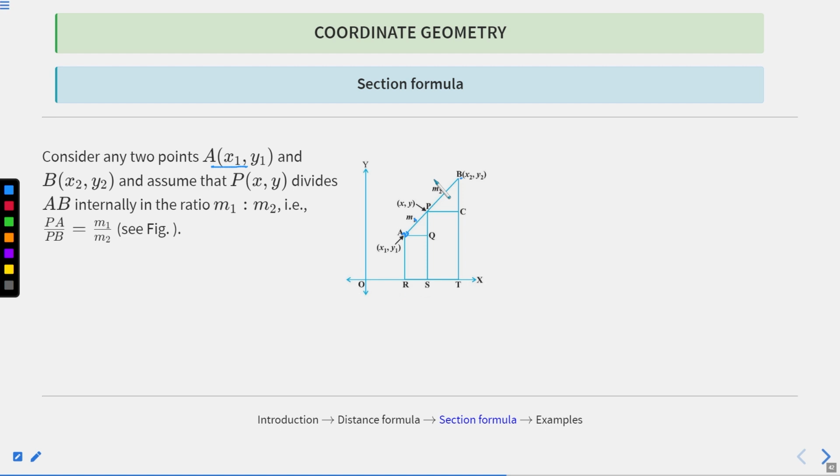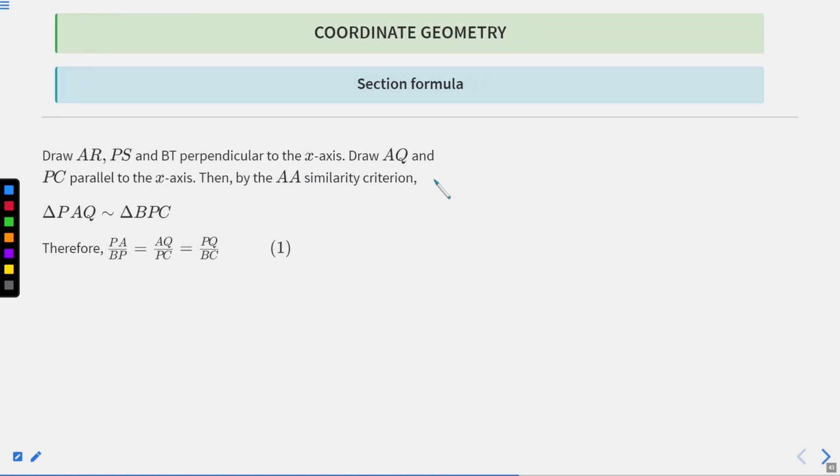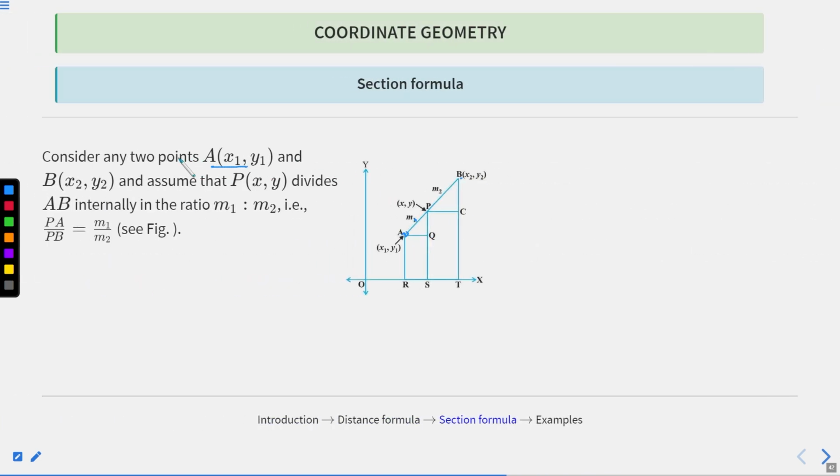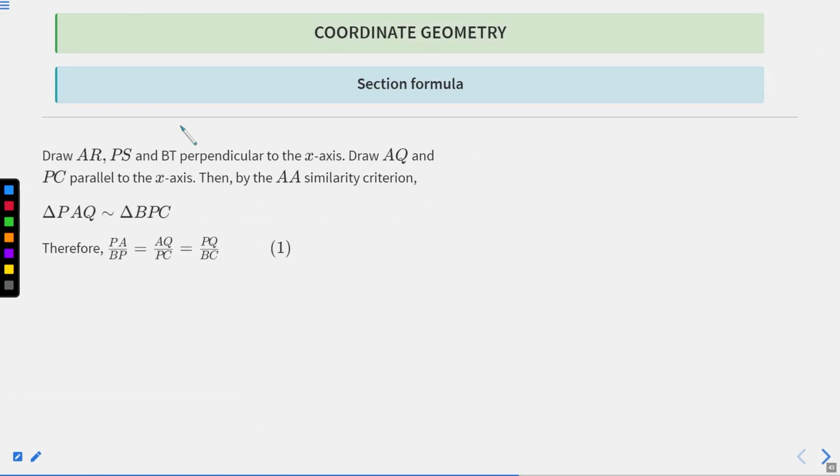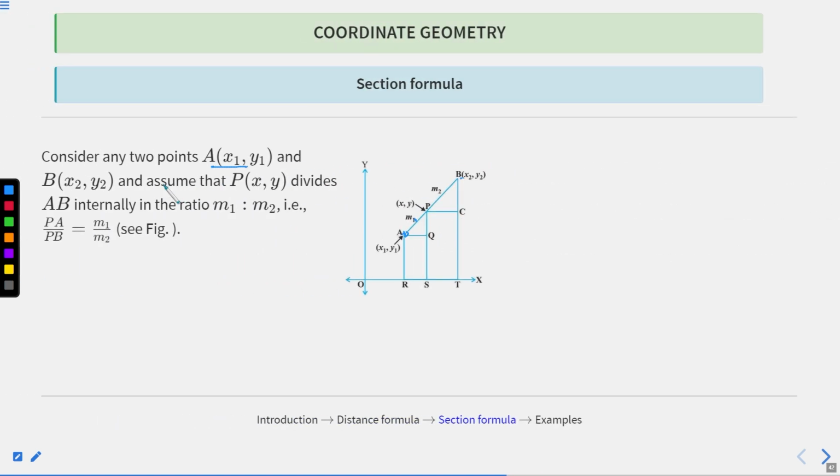That means PA by PB is equal to m1 by m2. Okay, so now draw AR, PS and BT perpendicular to the x-axis, and we draw AQ and BC that are parallel to the x-axis.